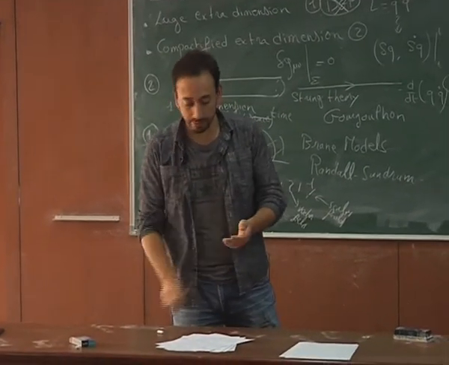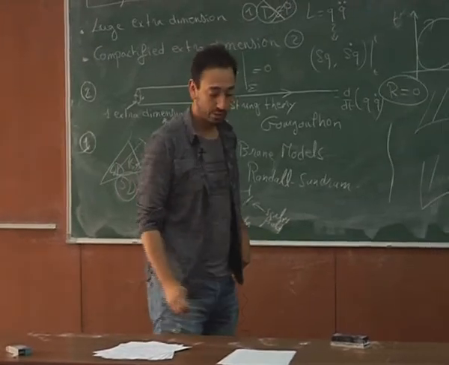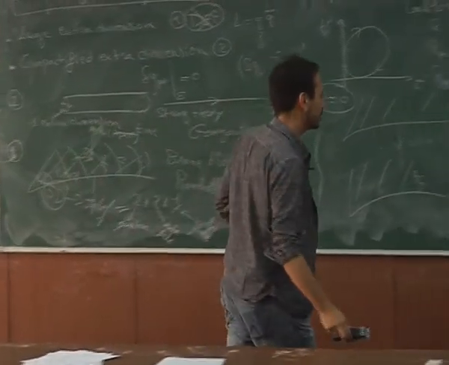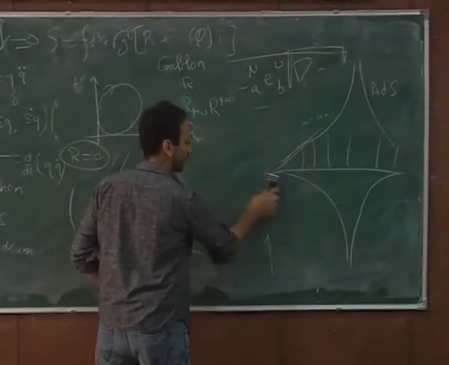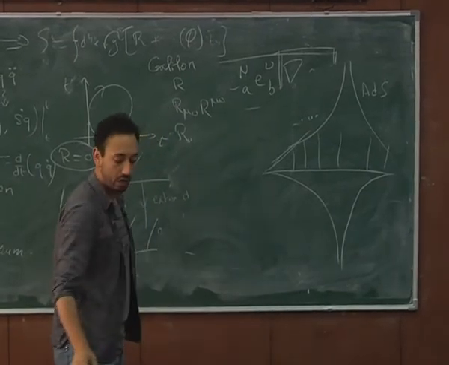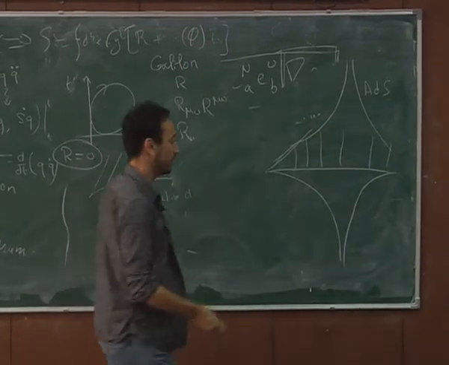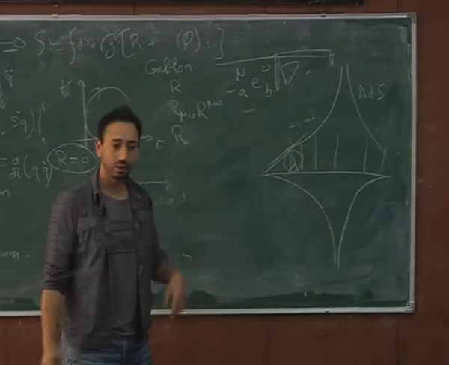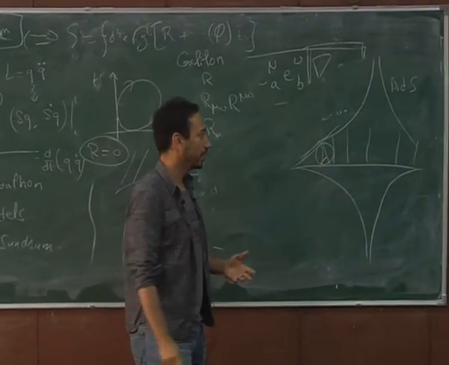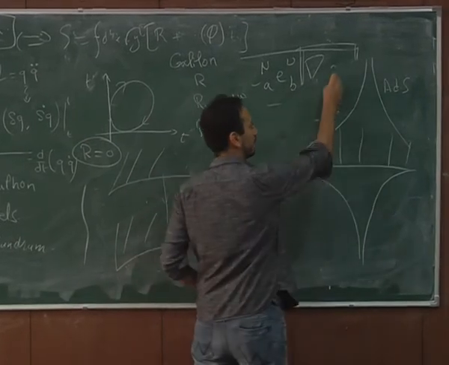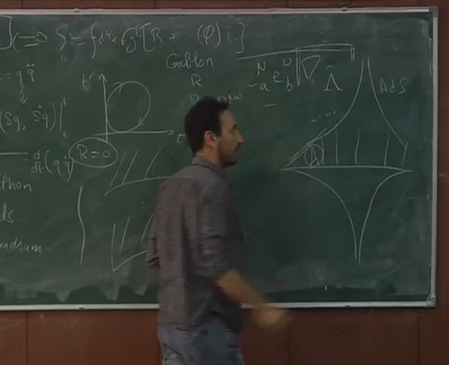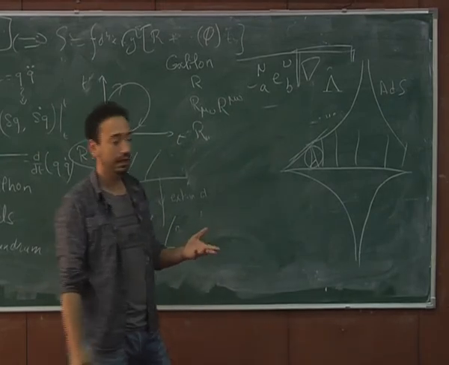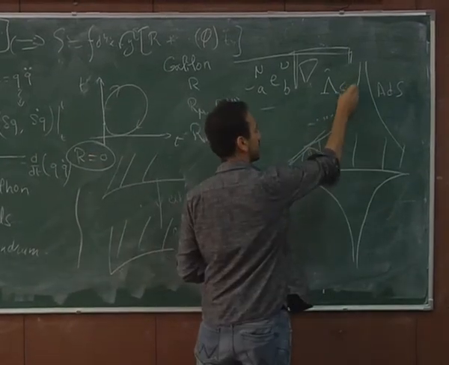The very interesting thing about AdS is the following: imagine that you have a cosmological constant which comes from the brane that I will call lambda, which is our vacuum energy. And let's suppose that here in the bulk I also have a lambda which is negative because it's AdS.